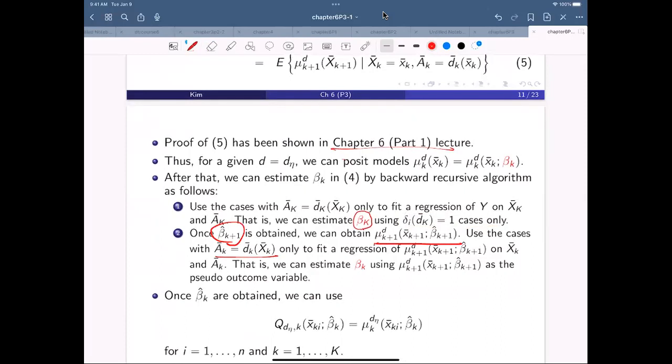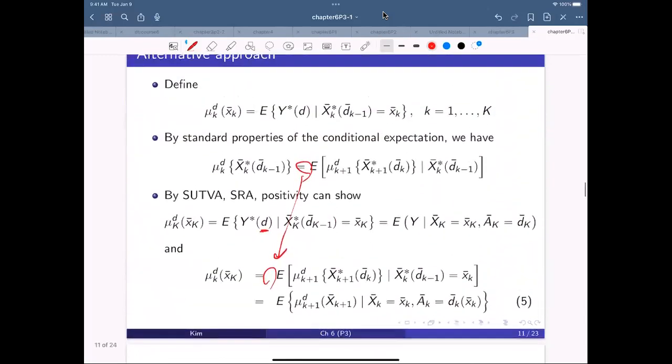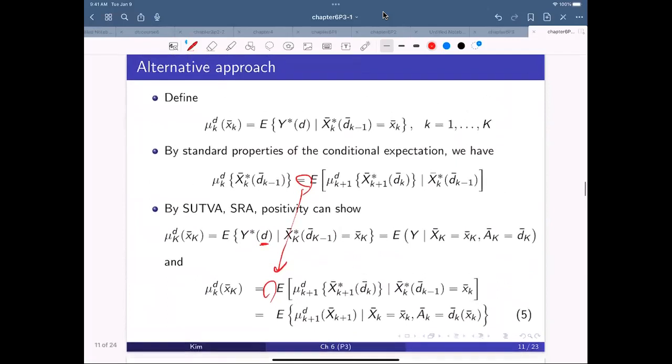So we use this as a pseudo outcome variable. If you look at this, it is eventually Y star, right?